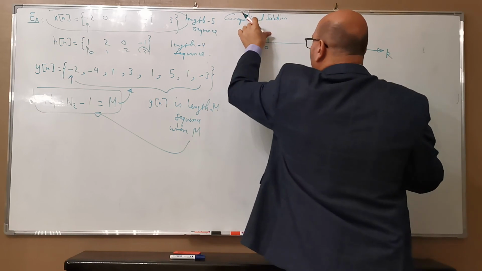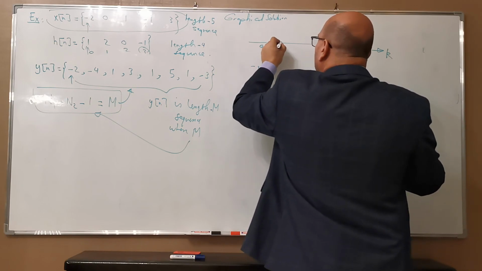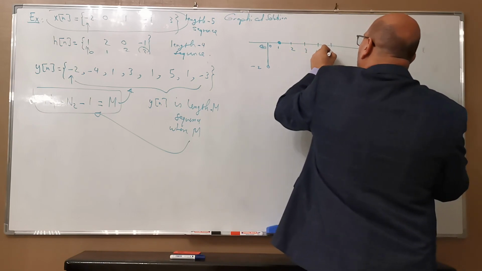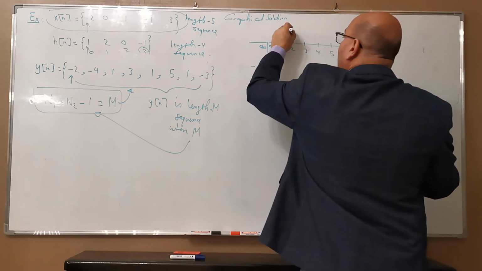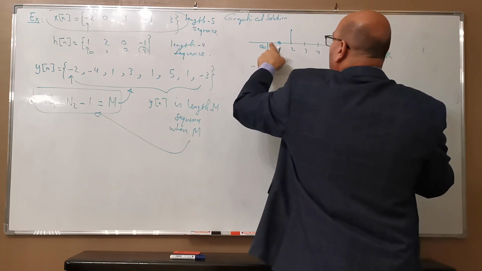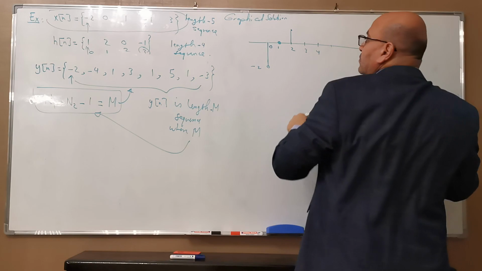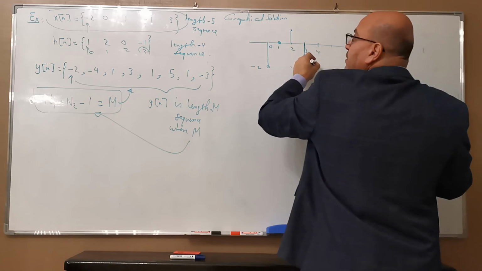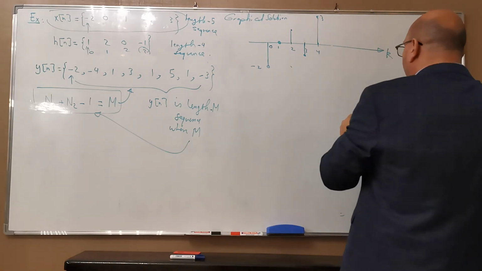This is minus 2, I'm sorry, it's going down. So minus 2, 0, 0, 1, 2, 3, 4, 5. Okay, at 2 you have 1, 0, 1. Okay, so this is our 0, and until 4, 5 elements, 1, 0, -1, and 3. So this is our signal, x of k.